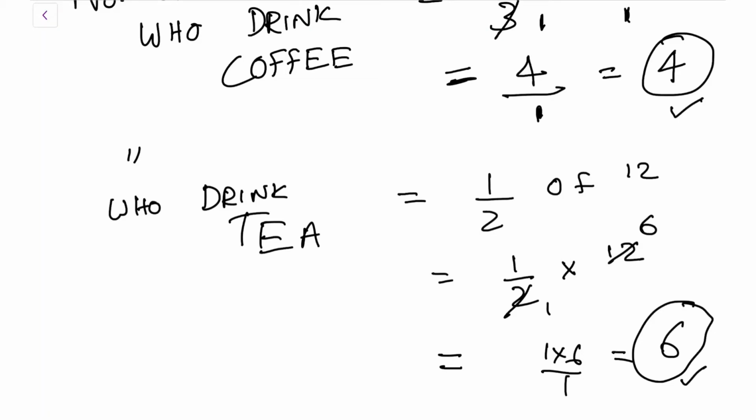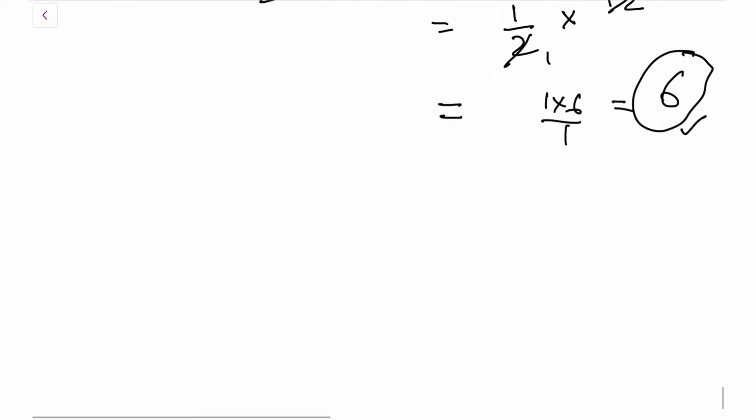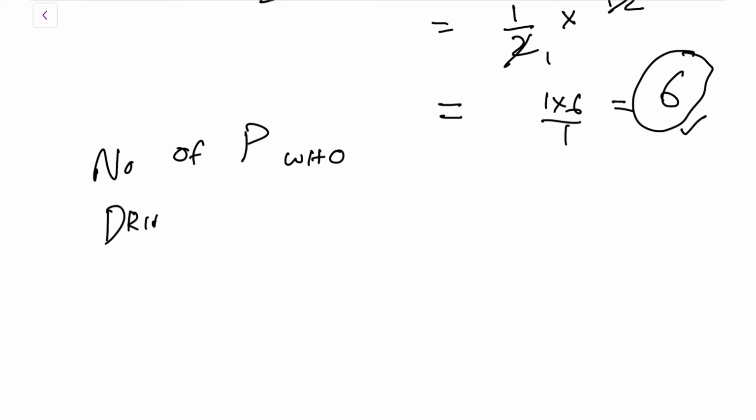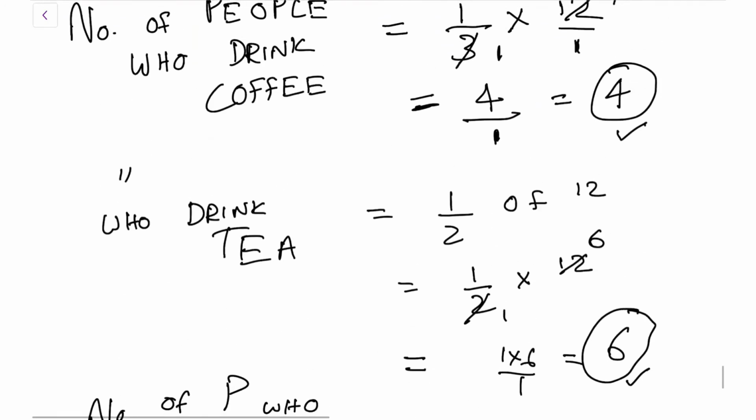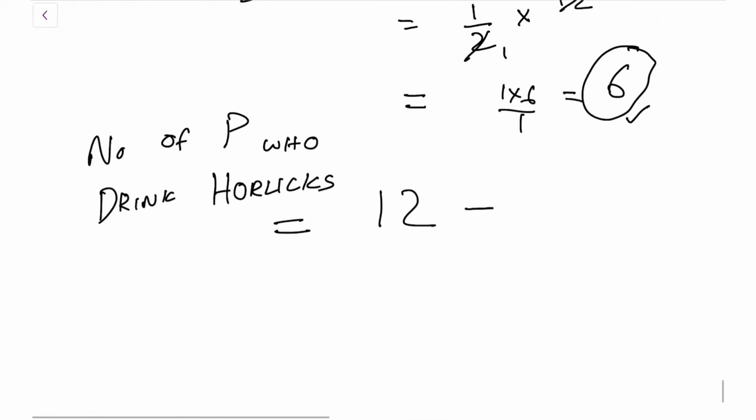Now, how do you find the number of people who drink Horlicks? Remember reading in the question that they said the remaining people or the others drink Horlicks. So we have the total number of people as 12, and from this remove the number of people who drink coffee. How many are there? 4. And also remove the number of people who drink tea.